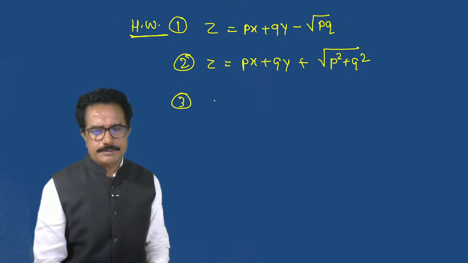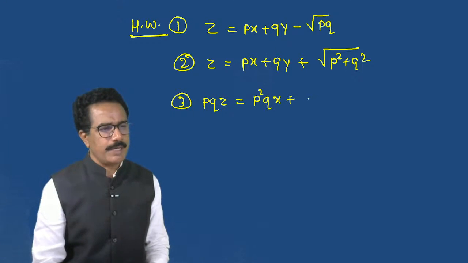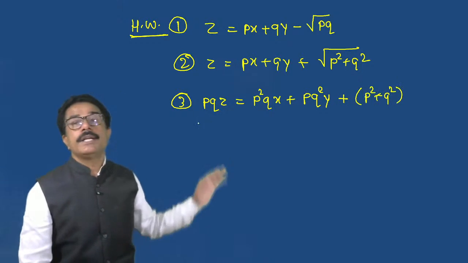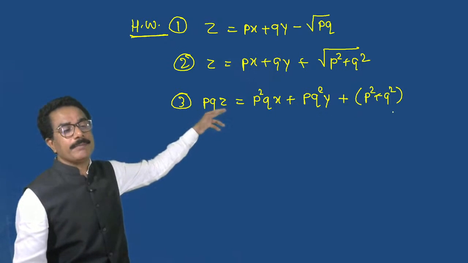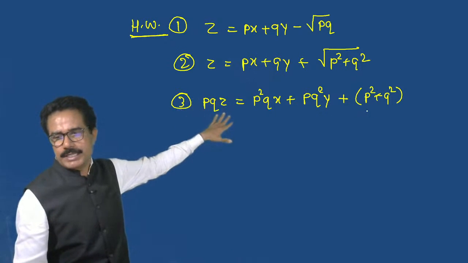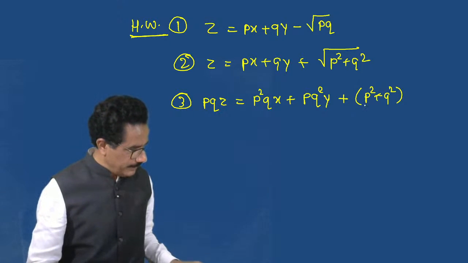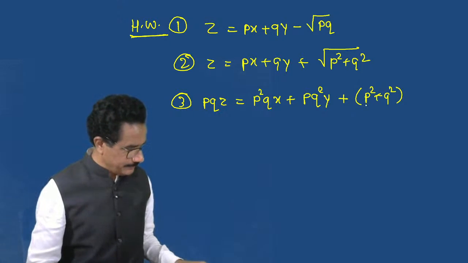Third, pqz equals p square qx plus pq square y plus p square plus q square. Dividing by pq; the hint for this last problem is dividing by pq. Okay, now you can solve.